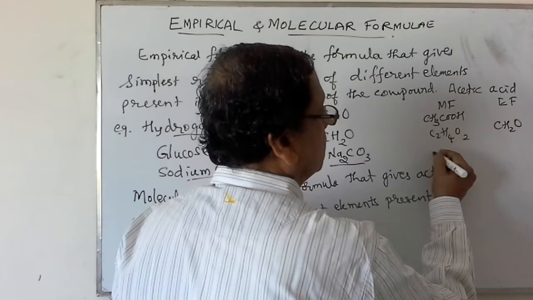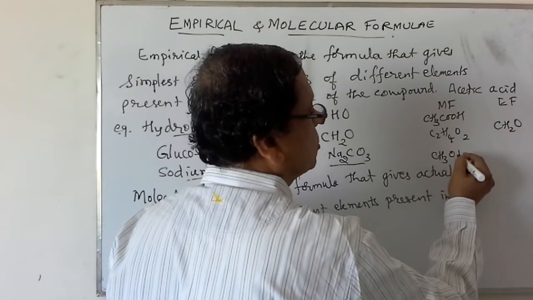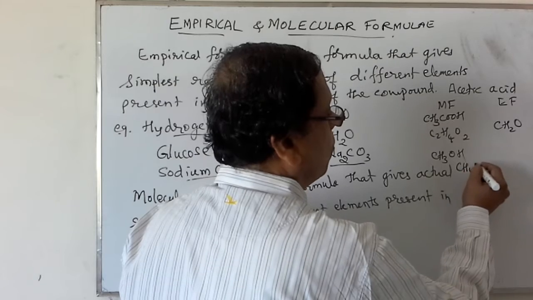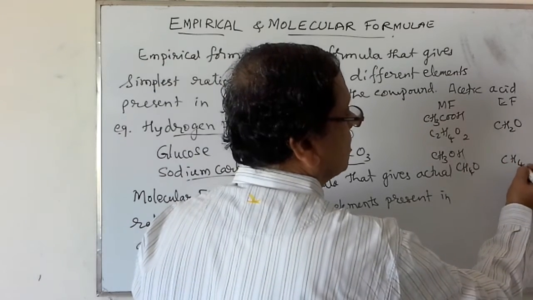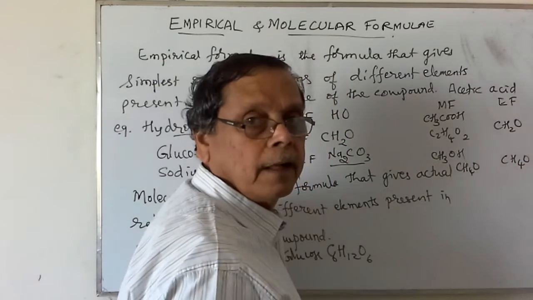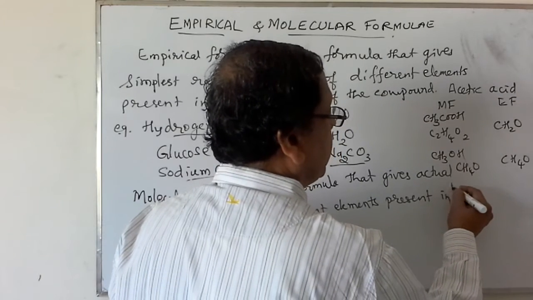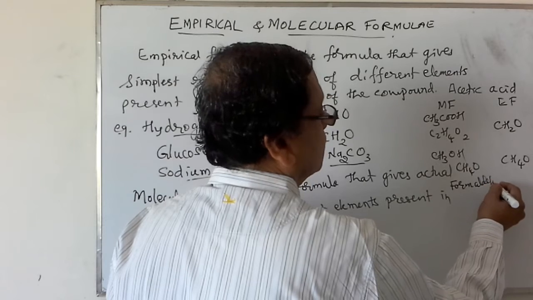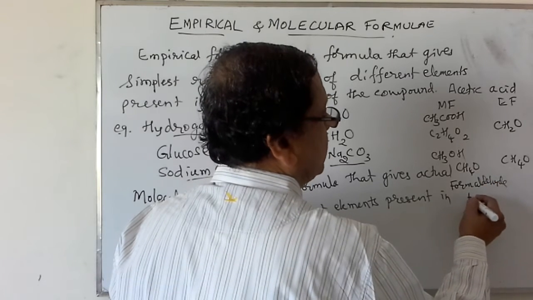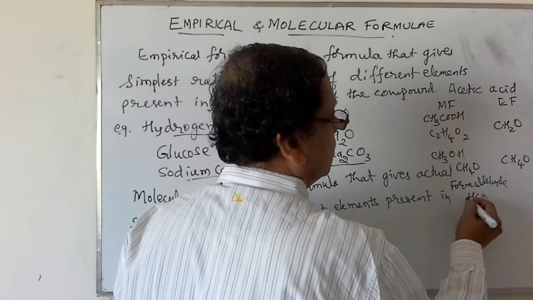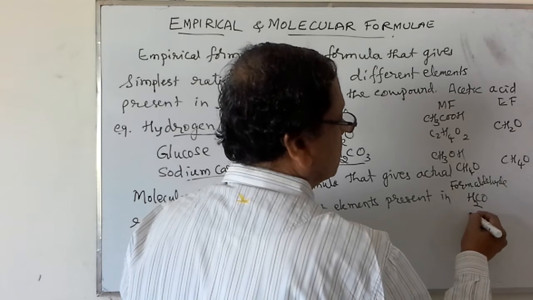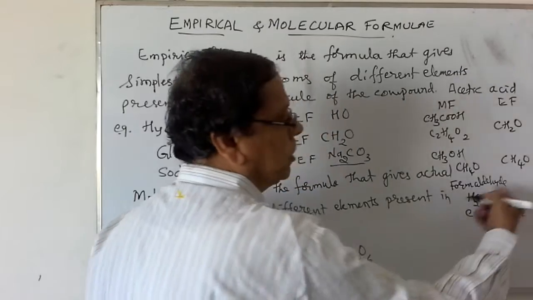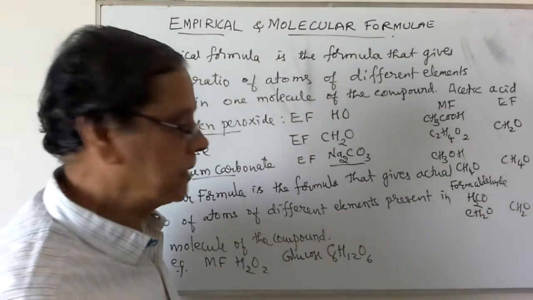Similarly, for methyl alcohol, it is CH3OH, that is CH4O. For this also, it is CH4O. For formaldehyde, it is HCHO, that is CH2O. Both empirical and molecular formula are the same.